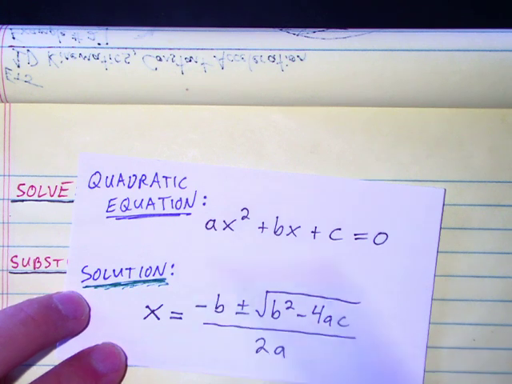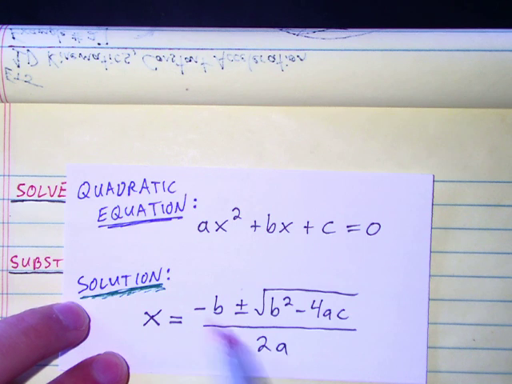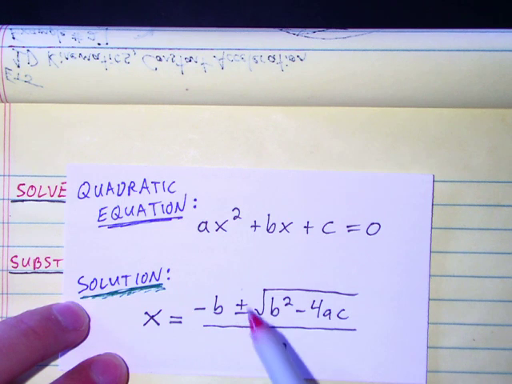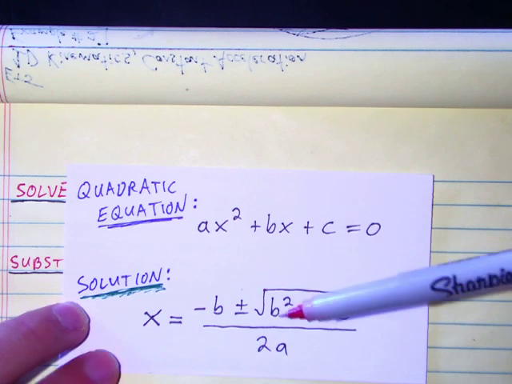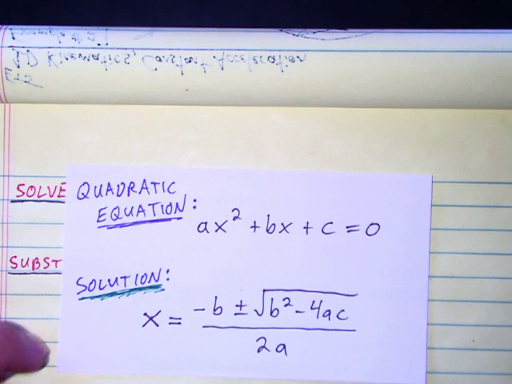The solution of any quadratic equation comes from the quadratic formula here. x equals negative b plus or minus the square root of b squared minus 4ac all over 2a. So if we know a, b, and c, we can solve for x. Plus or minus here tells us we might get two possible solutions for x, and we will have to decide between them which one logically makes sense for our scenario.